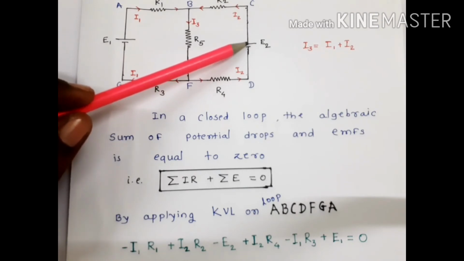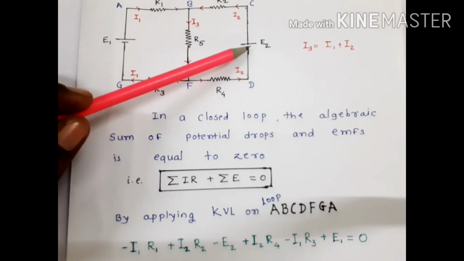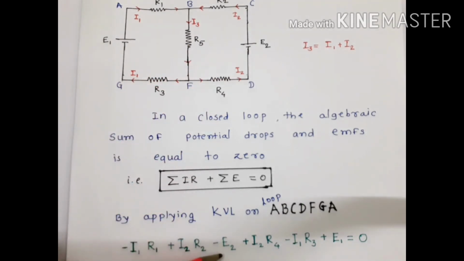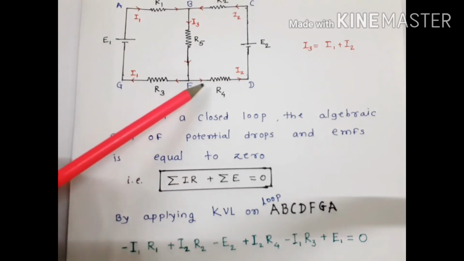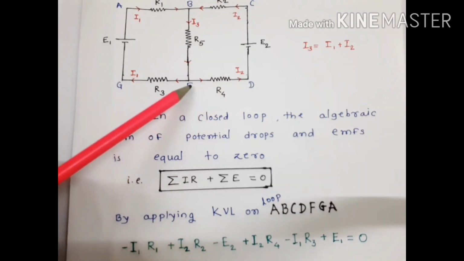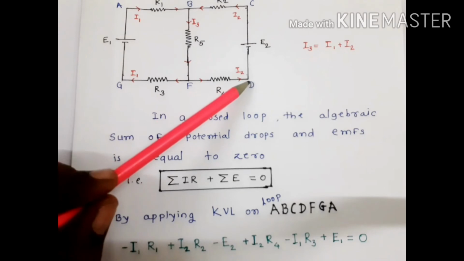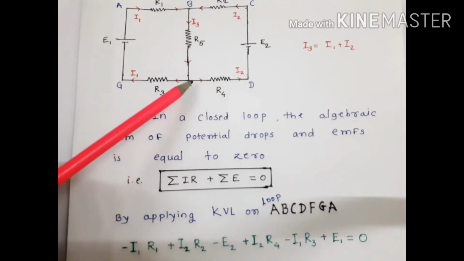Here we move from the positive terminal to the negative terminal of the cell, therefore its EMF is taken as negative. Next is the segment DF.